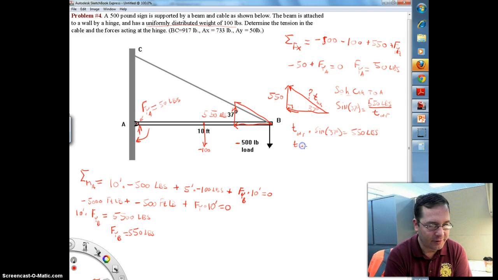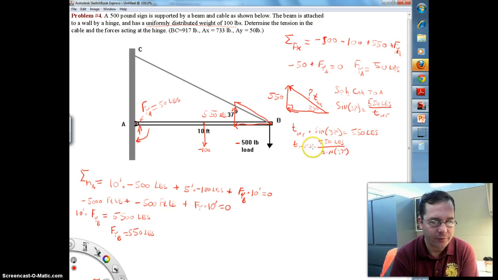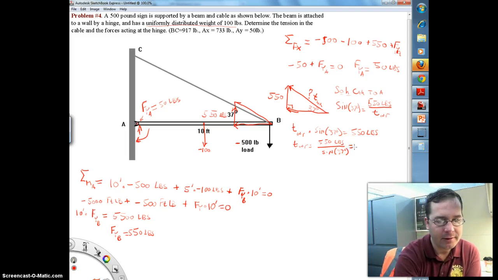So the tension in the wire rope equals 550 pounds divided by the sine of 37 degrees. And remember that the sine function is just a ratio, so there are no units associated with it. So you'll notice the only units that we have are pounds, which is good because we're going to measure the tension of the wire rope in pounds.